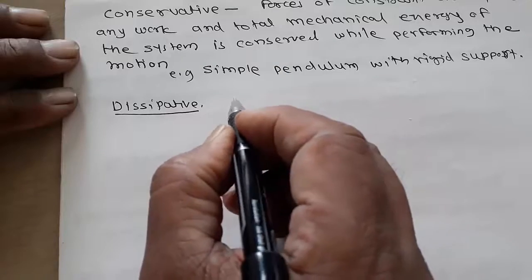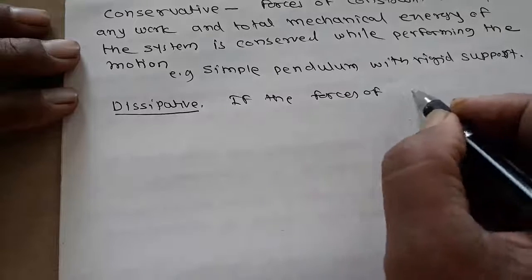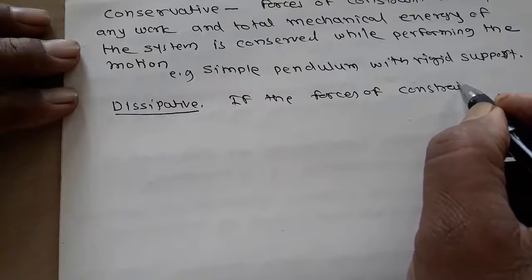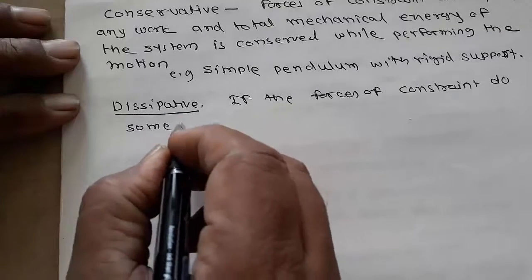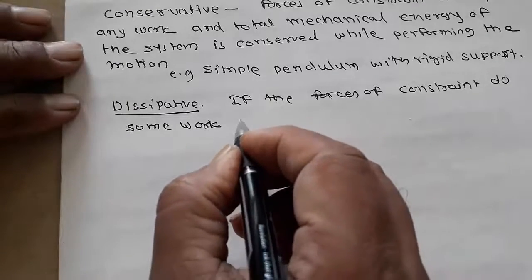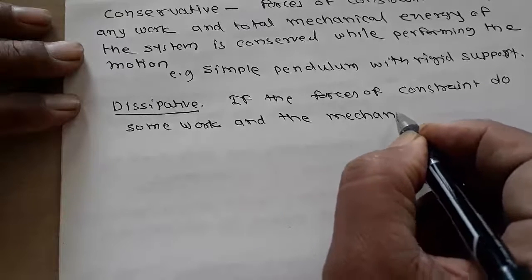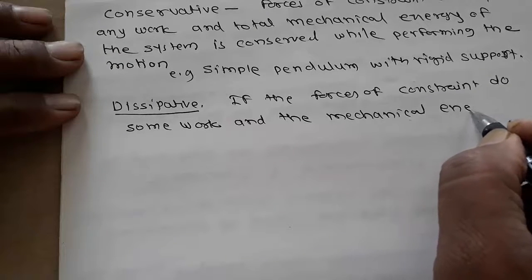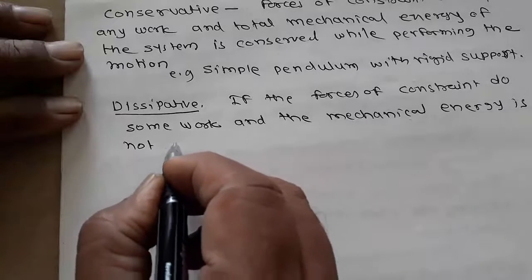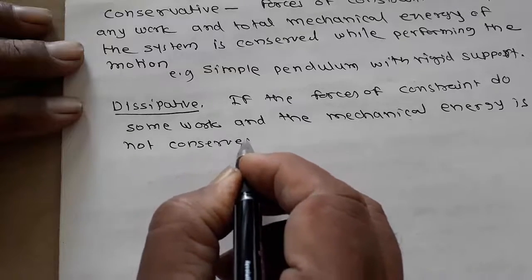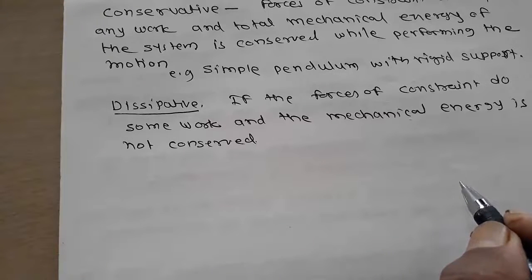If the forces of constraint do some work and the total mechanical energy is not conserved, then that type of constraint is called a dissipative constraint.